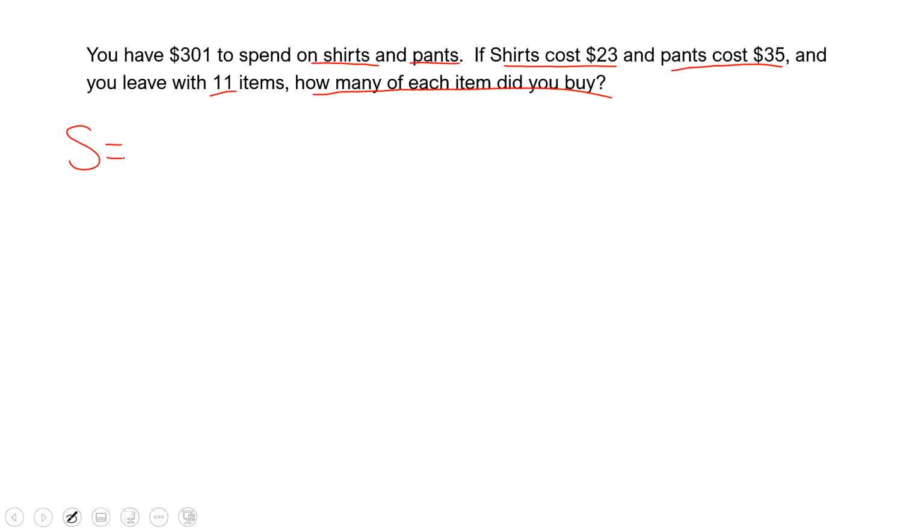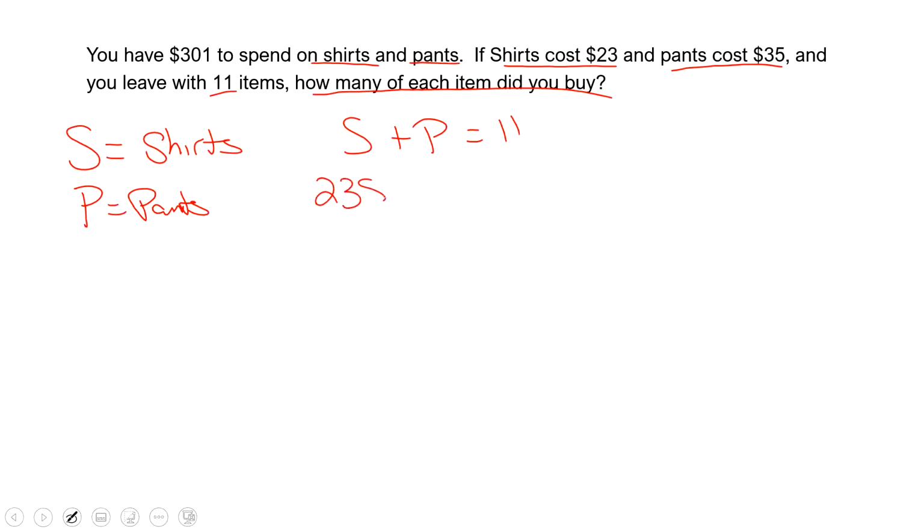I'm going to make S equal shirts, P equals pants, and I create my equations. First one, I know right away, shirts plus pants is going to equal 11. I also know that 23 times S plus 35 times P is going to equal 301.